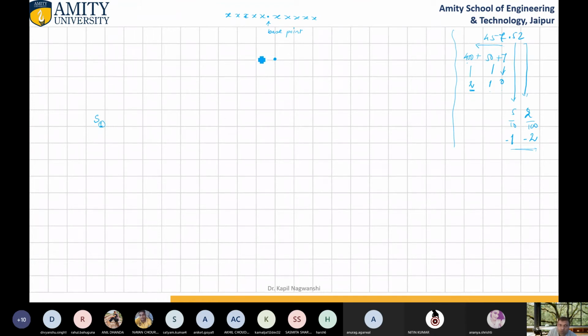So let me show you. s0 b to the power 0 plus s1 b to the power 1 plus s2 b to the power 2 plus, and because it is n minus 1, okay, so s n minus 1 b to the power n minus 1.